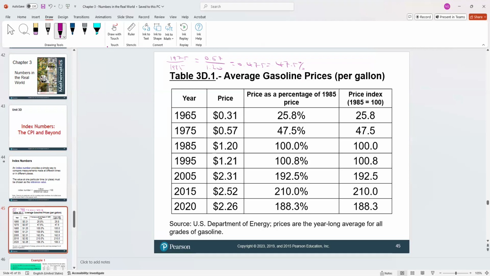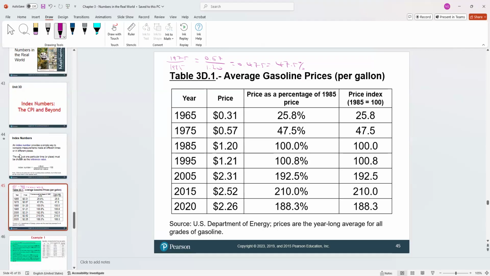The statement "1985 equals 100" in the column heading shows that the reference value is the 1985 price. In this case, there is no particular advantage to studying the comparison in terms of index numbers rather than percentages. However, we'll see shortly that using index numbers is helpful in cases where many factors are being considered simultaneously.